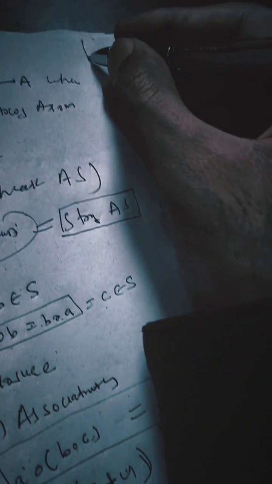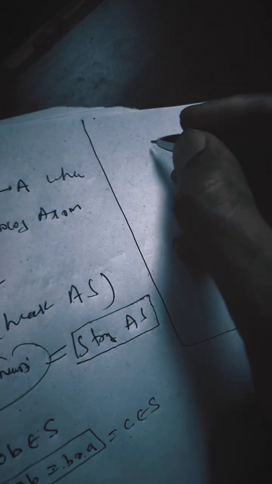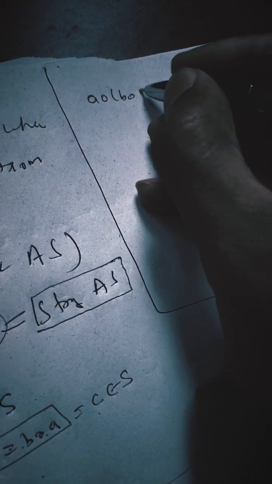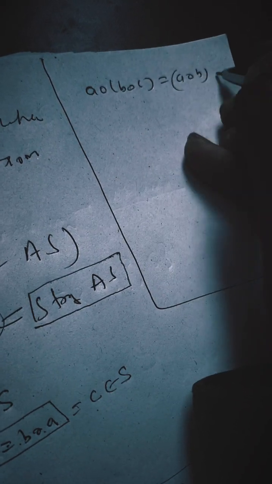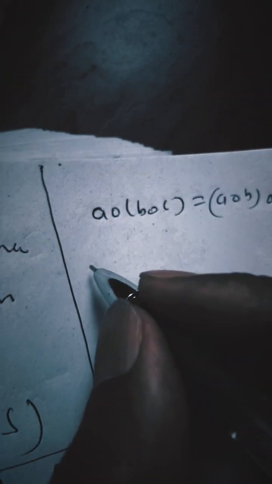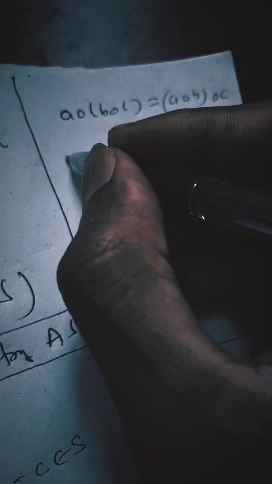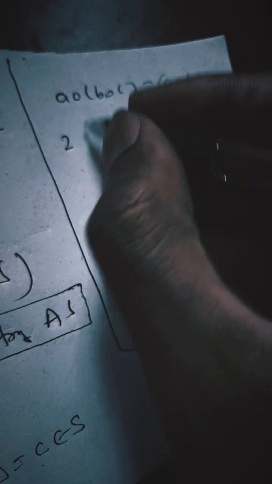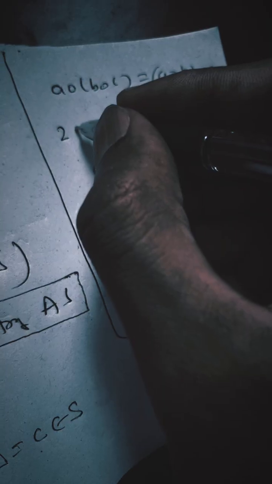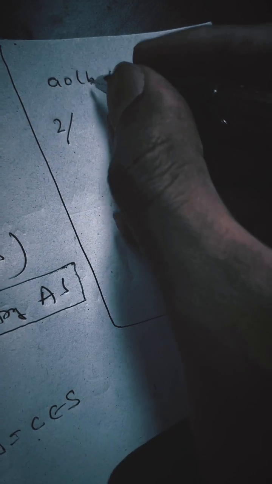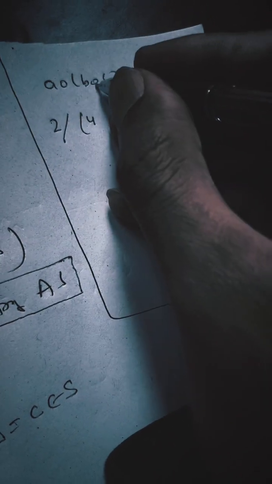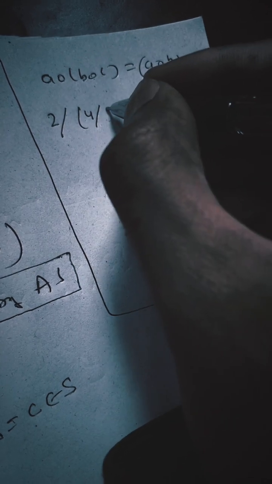What about division? Well, let's check here. We have to check whether A operate (B operate C) is equal to (A operate B) operate C, right? Let's choose numbers. A is 2, the operation is division, B is 4, the operation is division, C is 6.